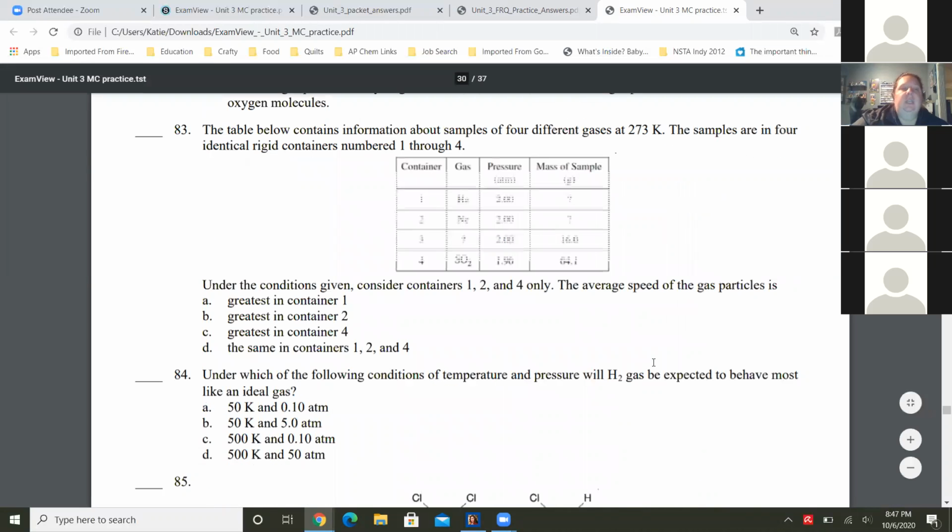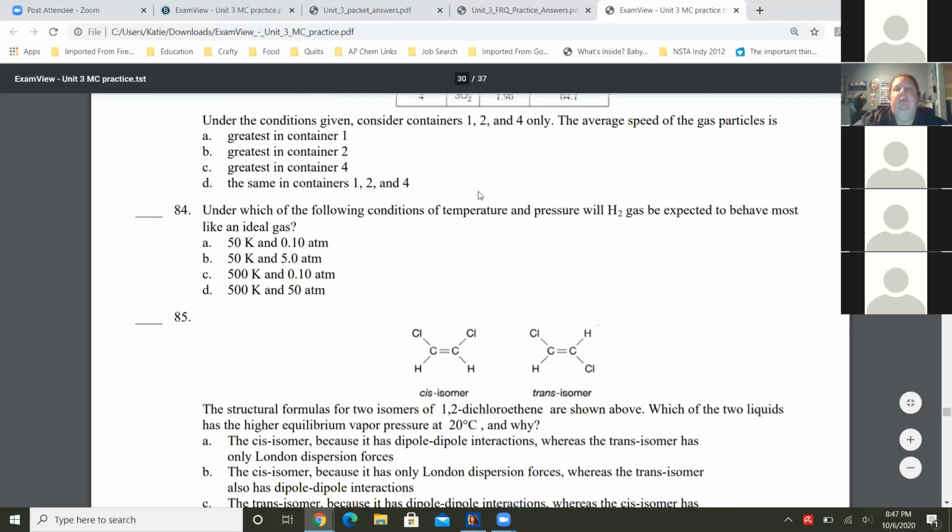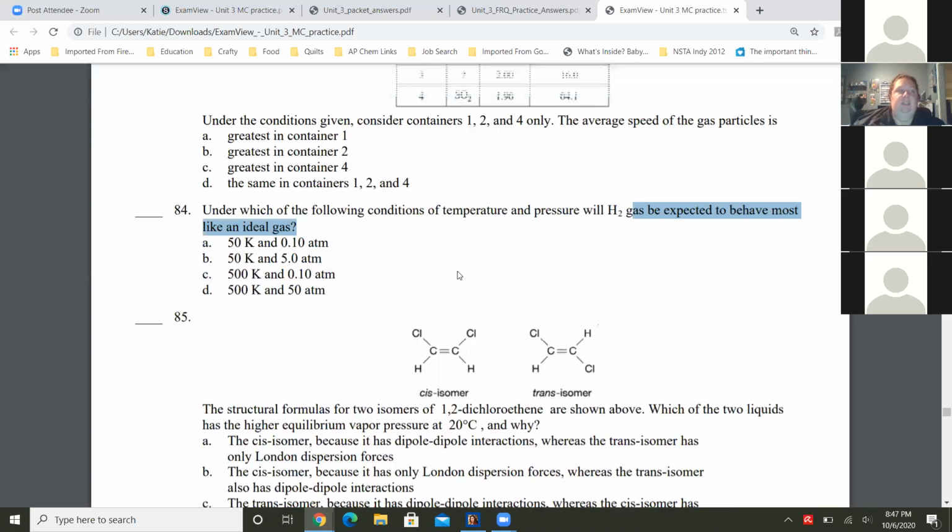Okay, so this is going back to that same idea. It says, in which of these situations is the gas expected to behave most like an ideal gas? So when we want gases to behave like an ideal gas, we want them to not have any intermolecular forces. We want them to not be interacting with each other at all.